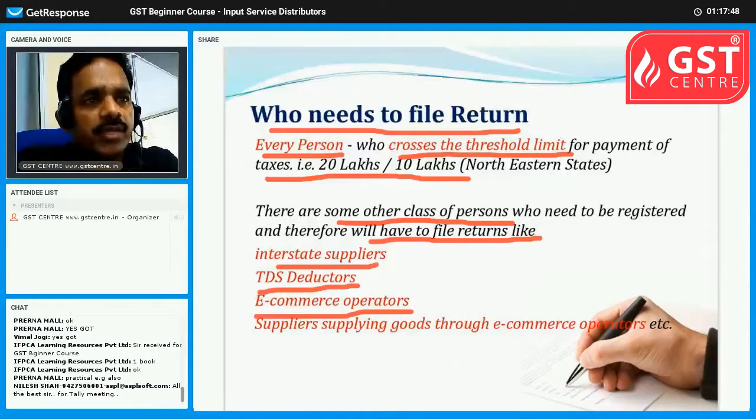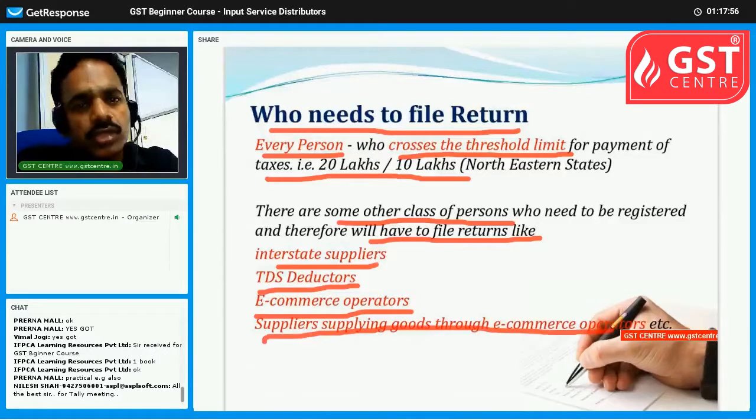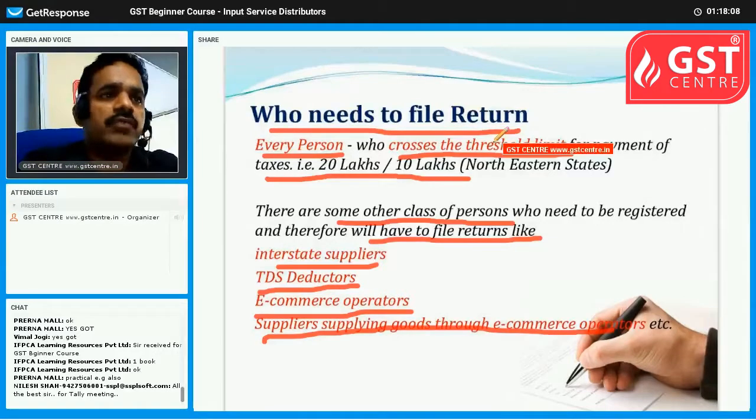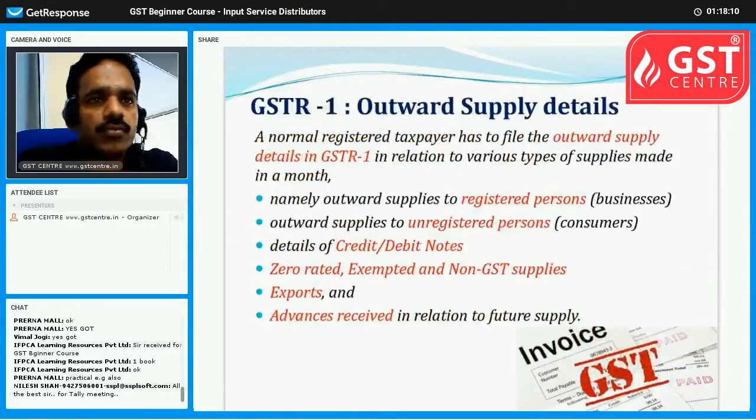TDS deductors applies to government companies or government undertakings. E-commerce operators, you may know Flipkart, Amazon and all. Then suppliers supplying goods through an e-commerce operator. If any business person is supplying through Flipkart or Amazon, they have to compulsorily register as well as compulsorily file their return.